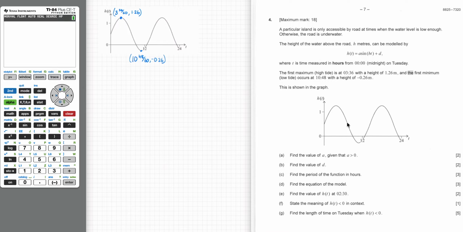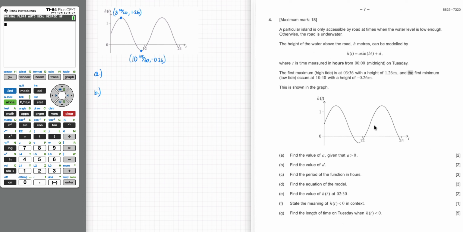So now that we've got the information drawn on that we were given, we need to find the value of A, which is the amplitude, D, which is the principal axis, and then the period, which is B. Now, although they're asked in that order, I'm actually going to change the order here slightly, and I'm going to answer D before I answer A, because D is the principal axis, and I know that for me, finding the principal axis is often the easier part.